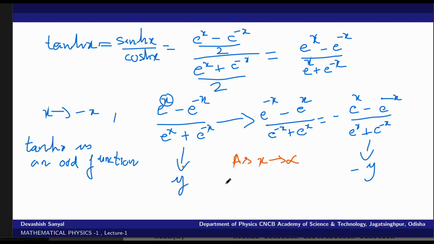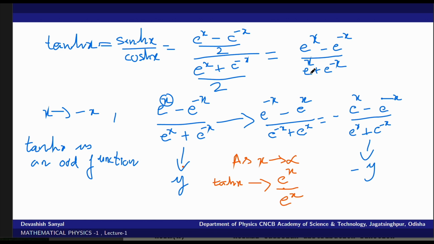Then tan hyperbolic x tends to e to the power x divided by e to the power x.